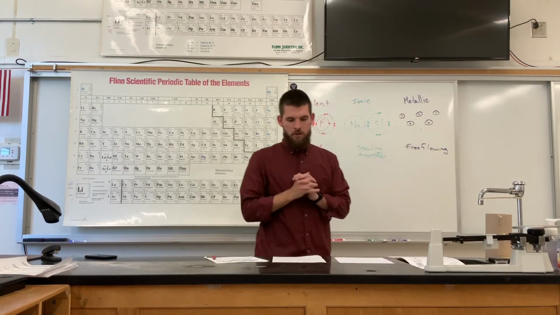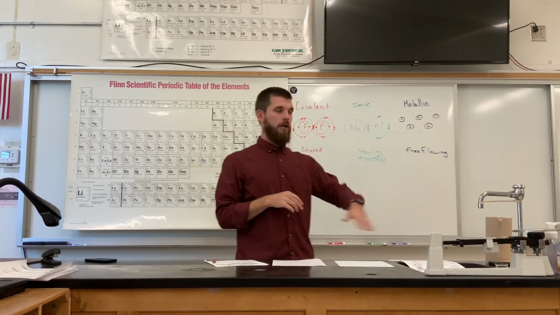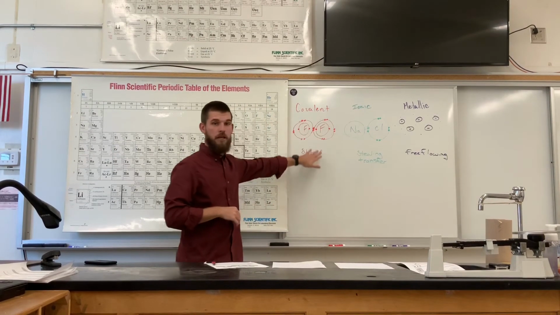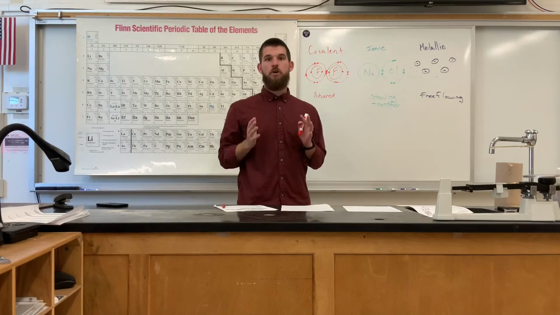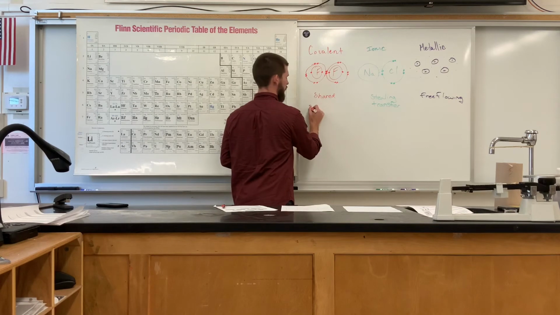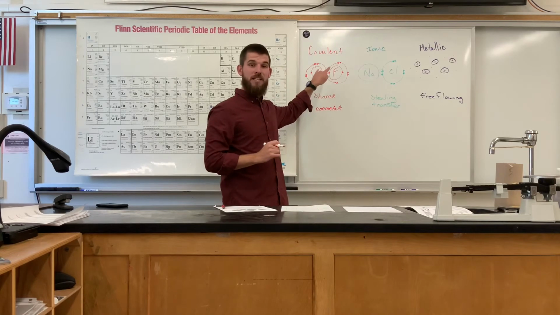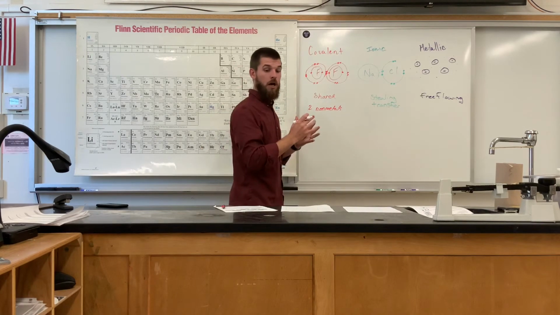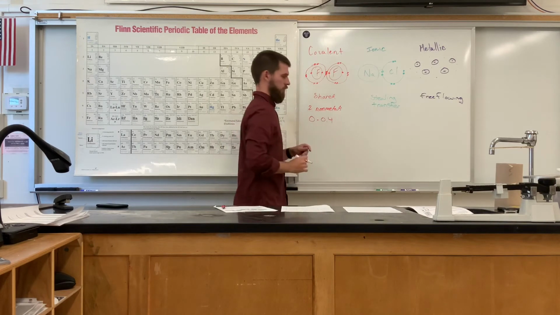Okay. Now, there are types of elements and the electronegativity scale that are involved with each of these, which is very important to remember. Covalent compounds are going to happen between two nonmetals, and they're going to have an electronegativity difference of between 0 and 0.4. Okay?